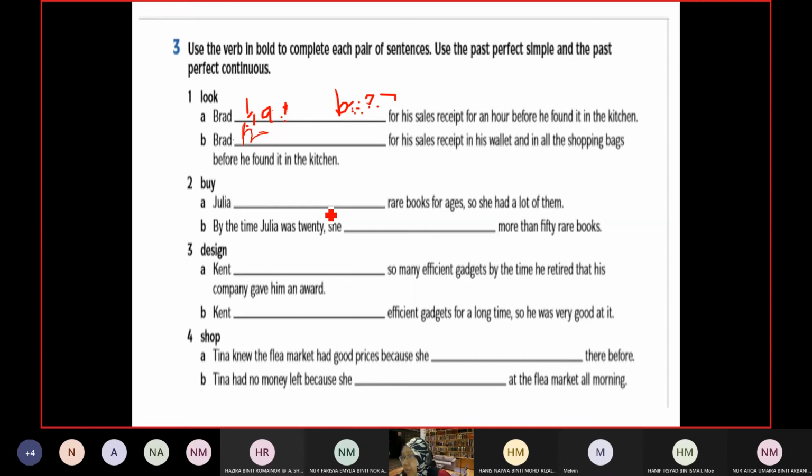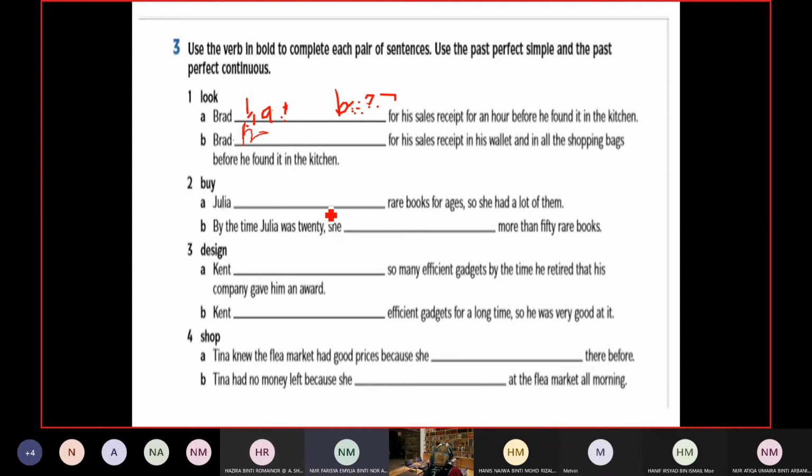Okay, we come back to Hanis later. I tried with Farisha. Farisha Emilia. Yes, teacher. All right. Okay, number two.